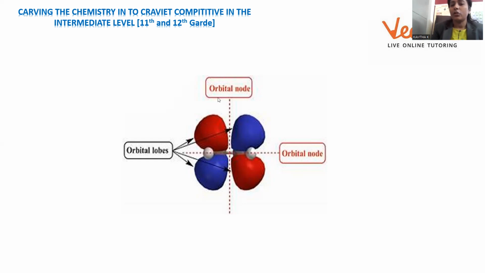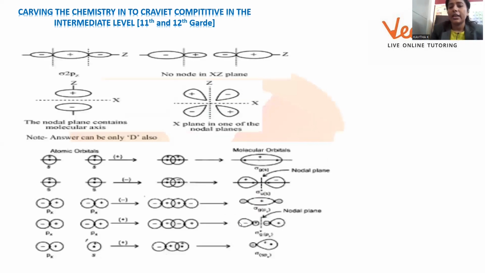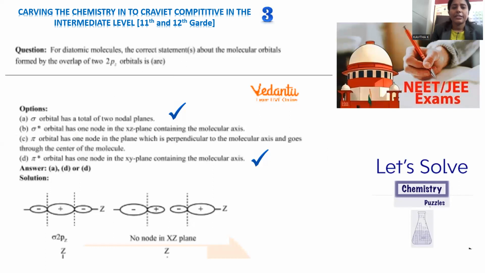In between the lobes, the orbital node will be there. This is said to be a vertical node, and this is called a horizontal node. Where the probability of finding the electron is 0 is called a node. As per that, in question number 3, option A and option D both are correct.